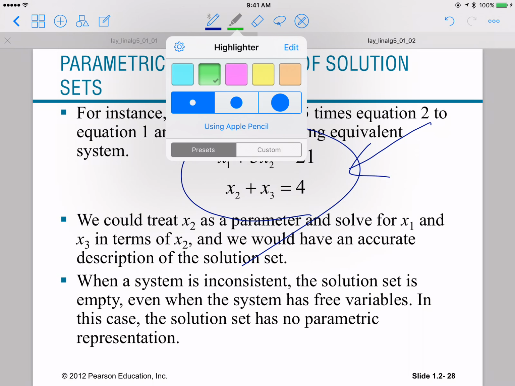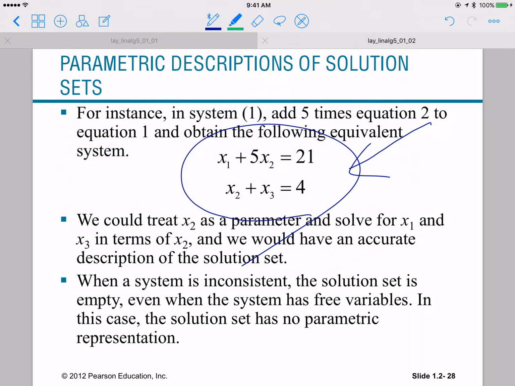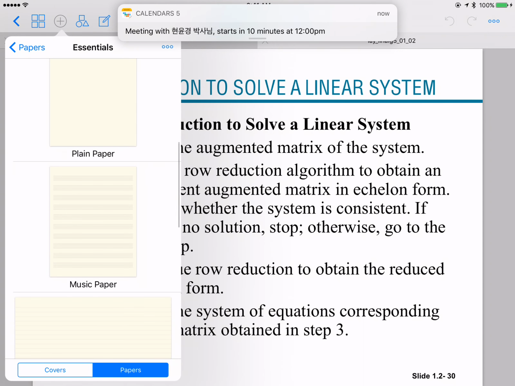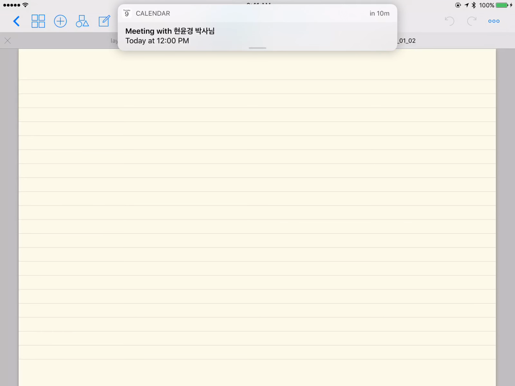I proved this equation is all 0: x1, x2, x3, x4, x5 all 0. But if we have 5 equations and 6 columns, where the last column is the all 0 column, and all the equations are meaningful, then the solution is only 0, 0, 0, 0, 0.